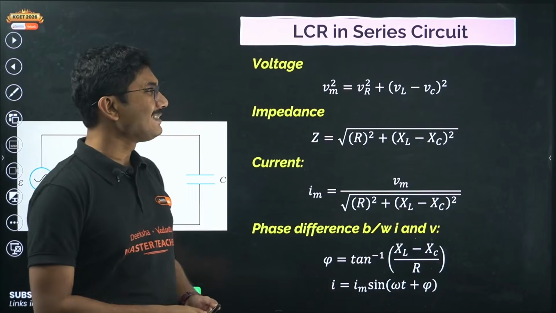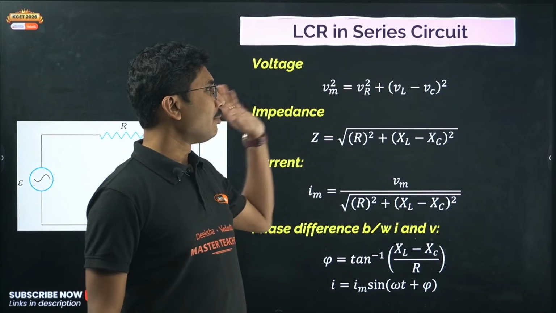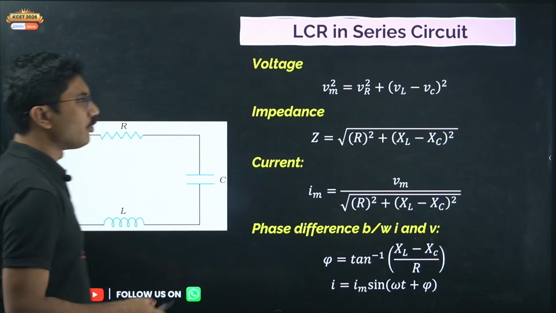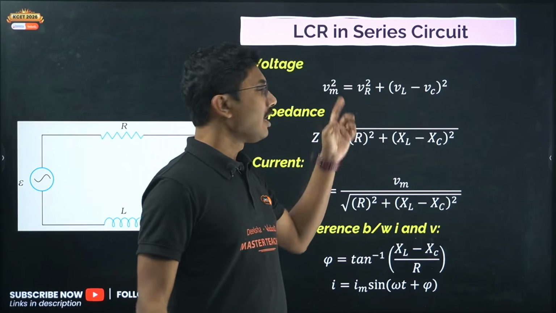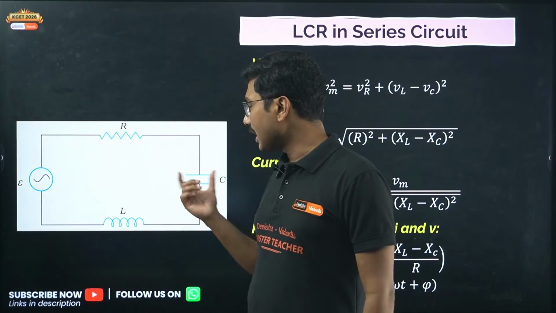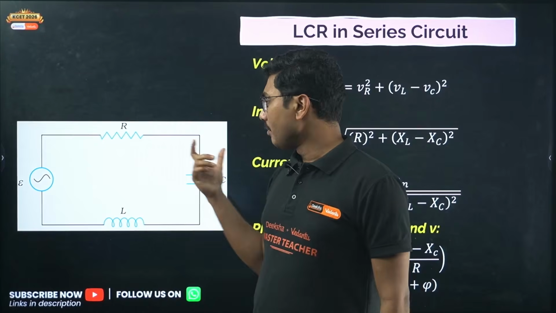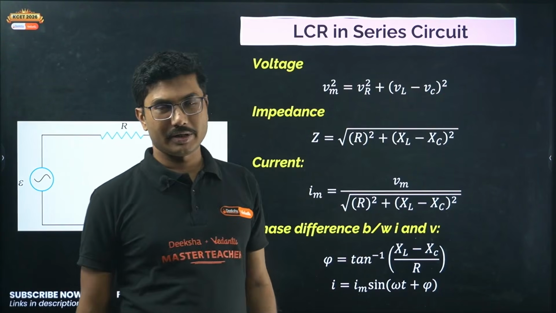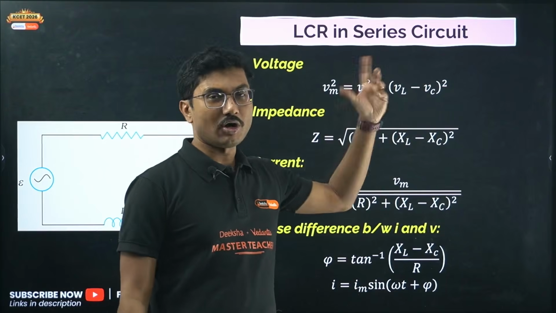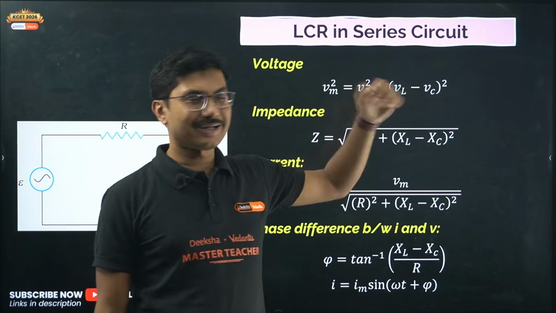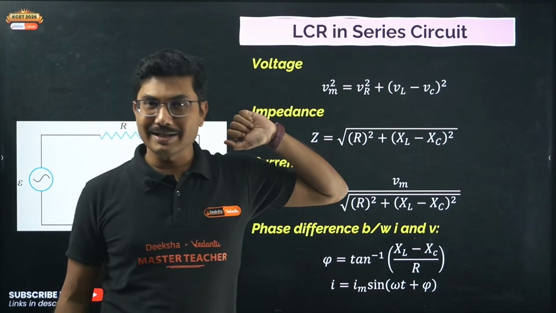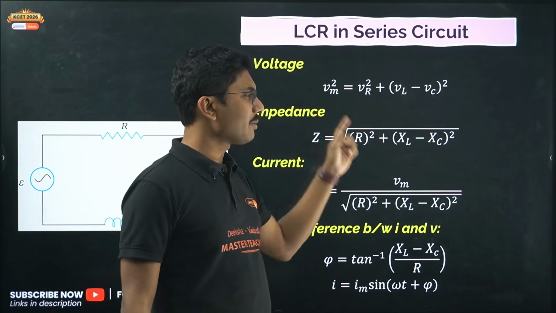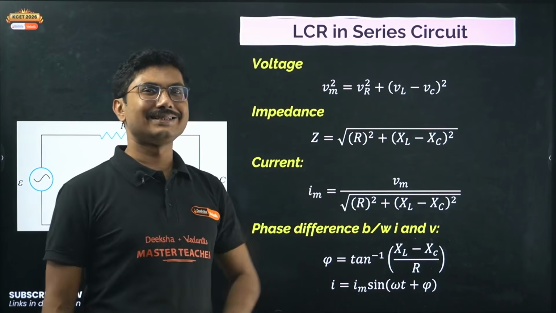So in a series LCR circuit, the combined maximum voltage Vm square can be written as the voltage across the resistance square plus VL minus VC whole square, because voltages are in opposite phase for capacitor and inductor. And impedance is given by the square root of R square plus XL minus XC whole square.